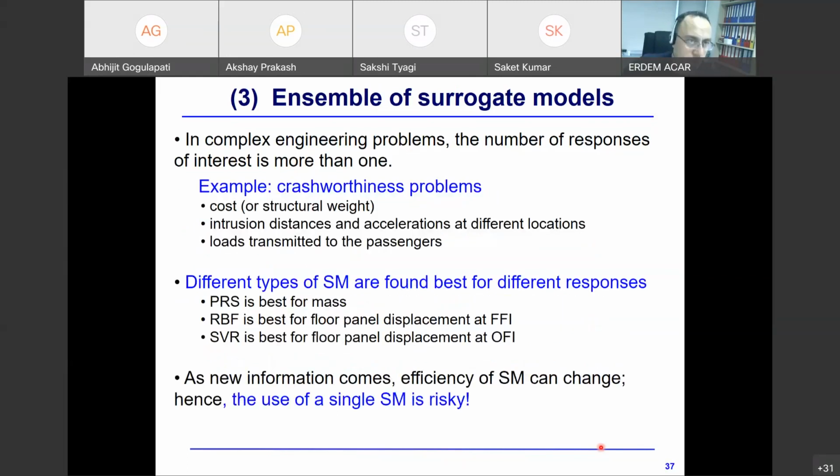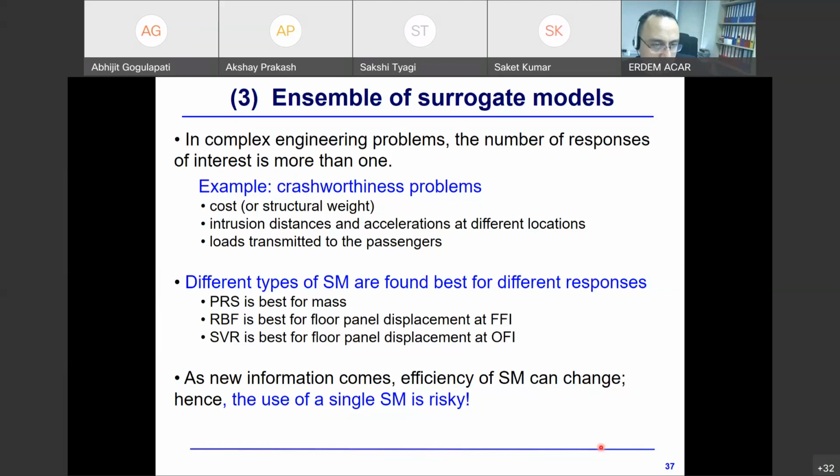My third example is on the use of an ensemble of surrogate models. In complex engineering problems, we have more than one response. For instance, in a crashworthiness problem, you have cost, intrusion distance, acceleration, load. Different types of surrogate models can be best for different responses. When we analyzed such a problem, we found that polynomial response surface was the best for predicting the mass.